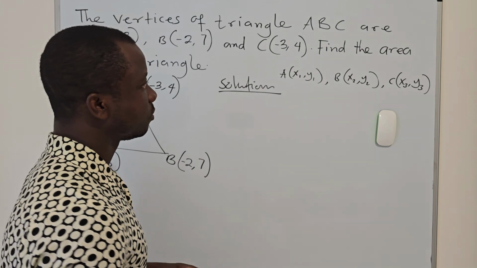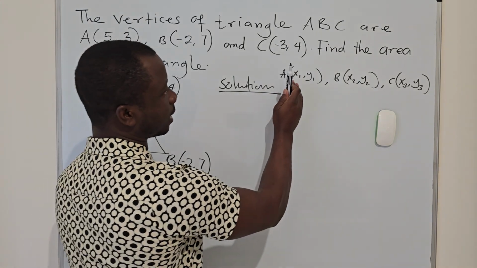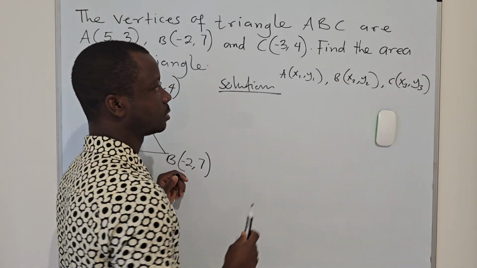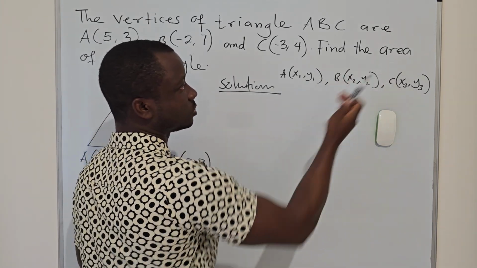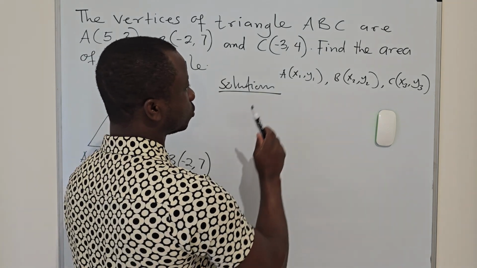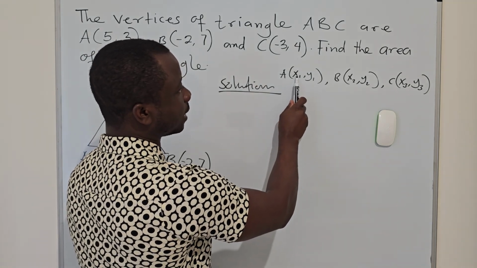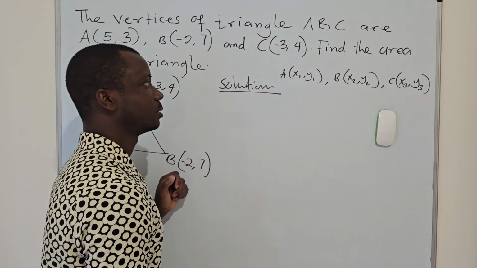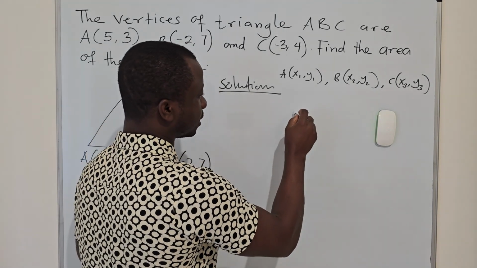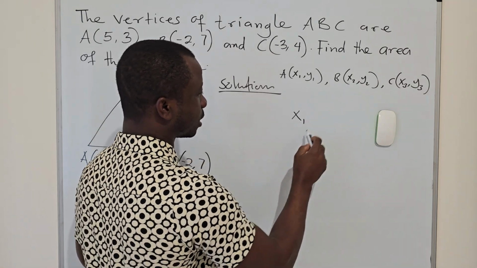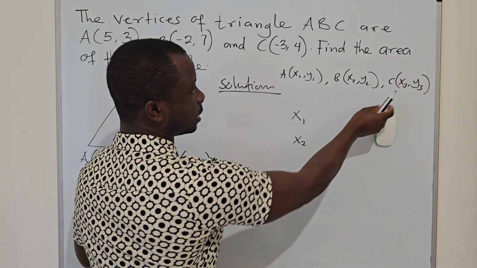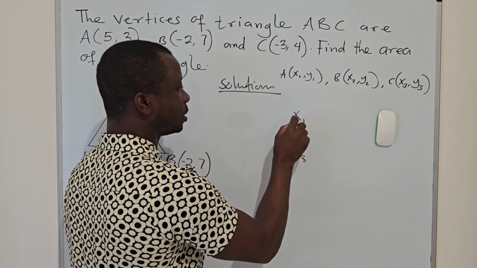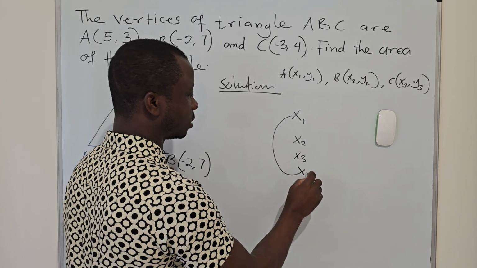So to get the area, we are going to align the x components of these coordinates vertically, and then we do the same thing to the y components. So with this point, the x component is x1, here is x2, here is x3. So I'm going to write them down here as x1, then the x2 will come under this one as x2, then x3 will come under this one as x3. Then I'm going to repeat this x1 down here as x1.